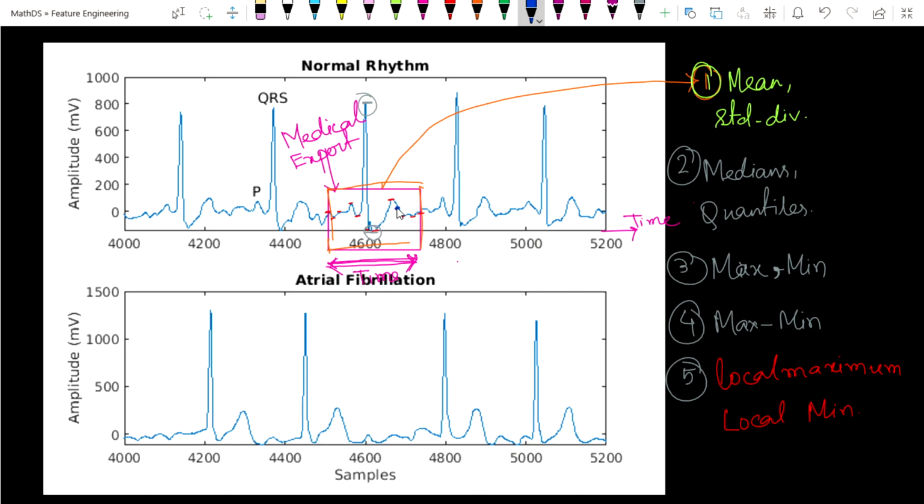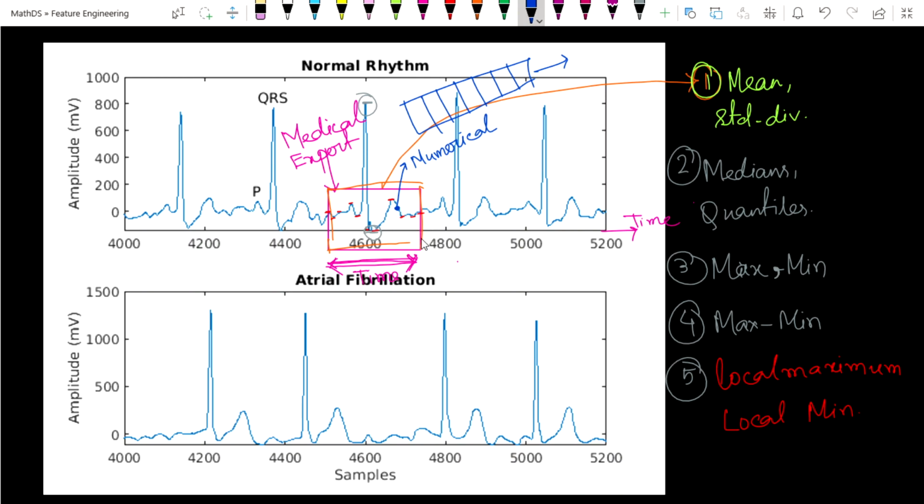It's a vector, a numerical quantity, and we get such a quantity across this frame data range. From this vector we can easily calculate the mean, standard deviation, median, quantiles, max, min, and that kind of thing.